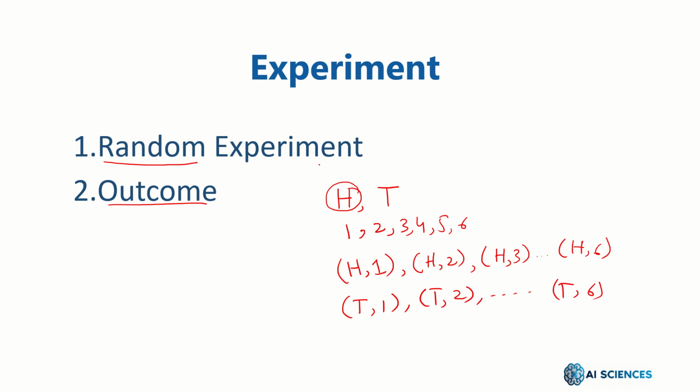So the experiment is called random because whatever outcome the experiment will result in, that outcome is random. We do not know what that outcome will be.